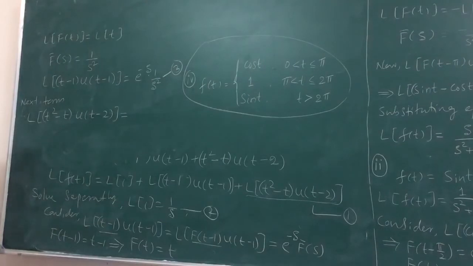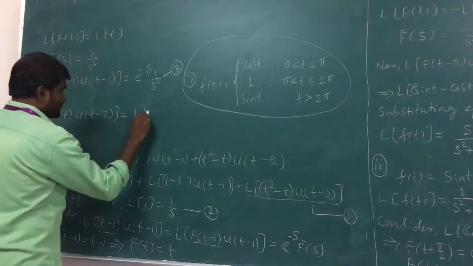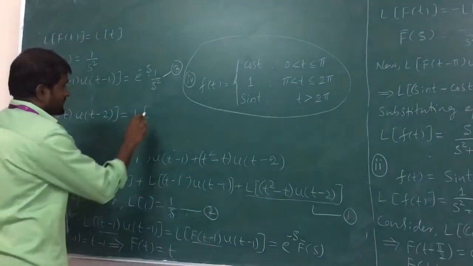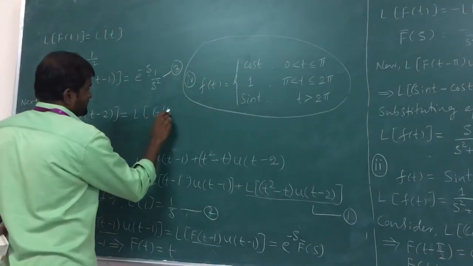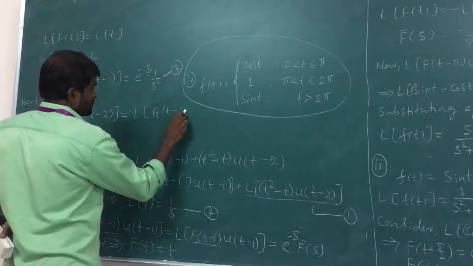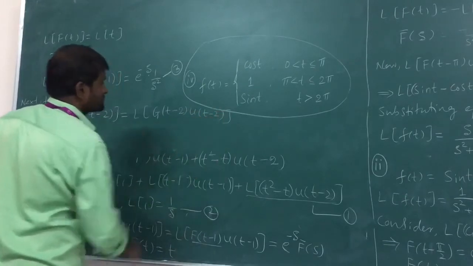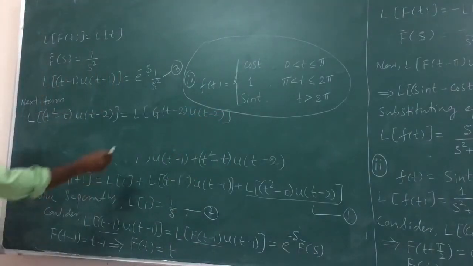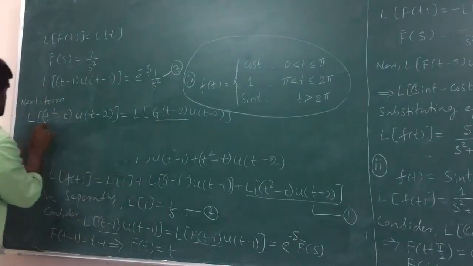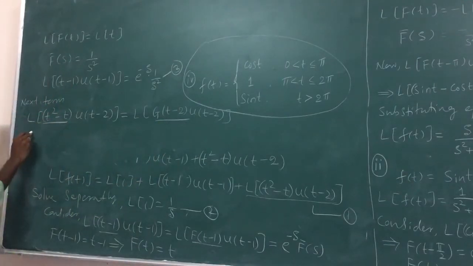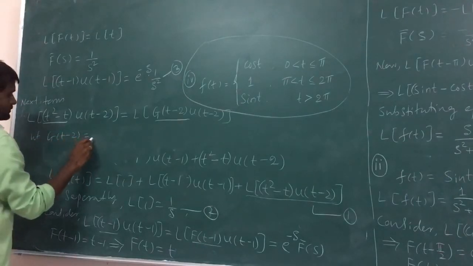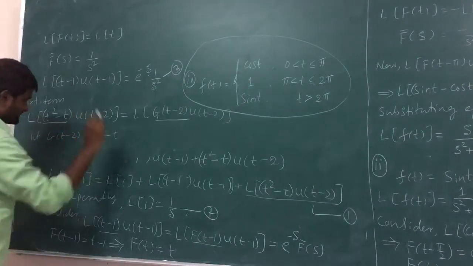This is exactly equivalent to capital G of t minus 2 into u of t minus 2. In place of capital G of t minus 2 is this, so capital G of t minus 2 equals t square minus 2.